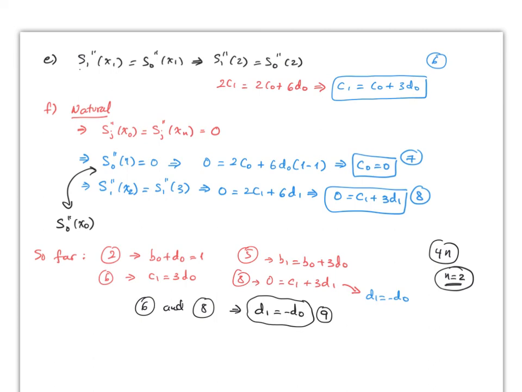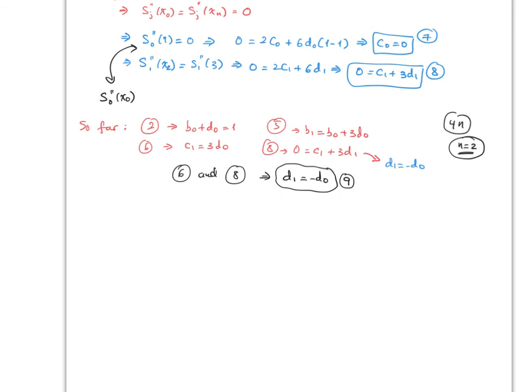Now remember equation 4 was b1 plus c1 plus d1 equals 2.